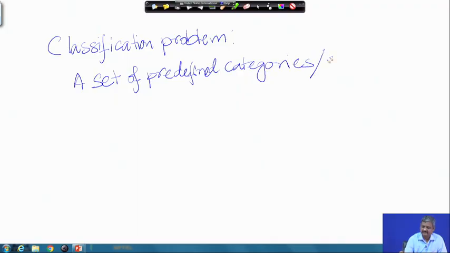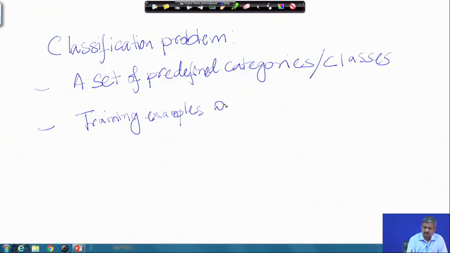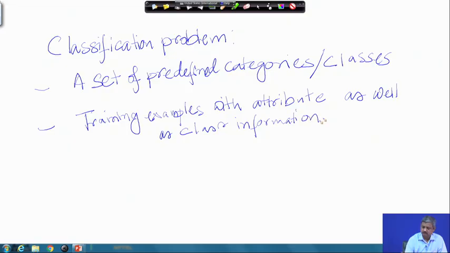A set of predefined categories, and you have a training set where not only the attributes of the examples, but also the class labels are available.